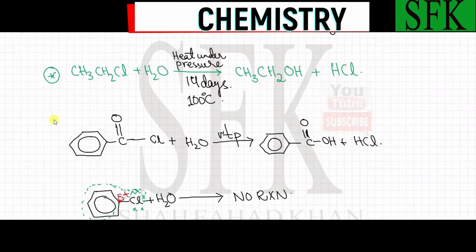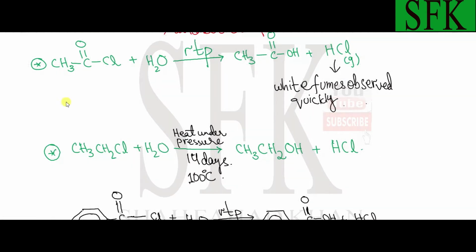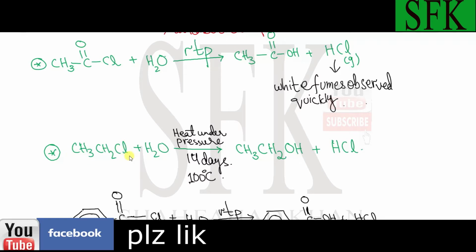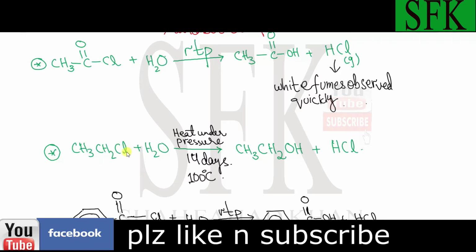Now let's talk about the same 2-carbon alkyl halide, compared with acyl chlorides. Again, we've talked about this in quite some detail in previous videos on alkyl halides. Basically, when the 2-carbon alkyl halide reacts with water, a nucleophilic substitution reaction takes place, and ethanol plus HCl are produced.